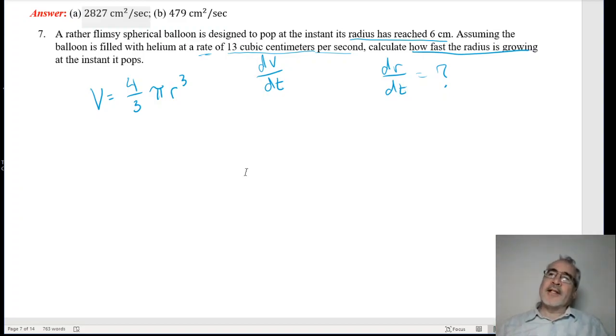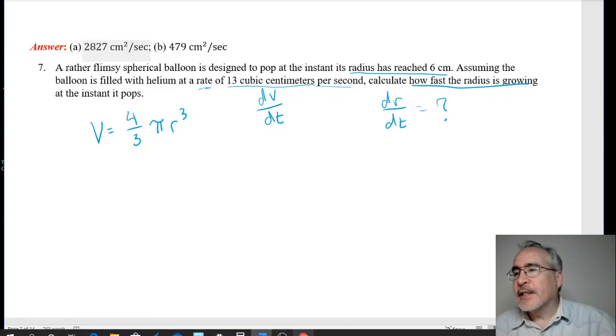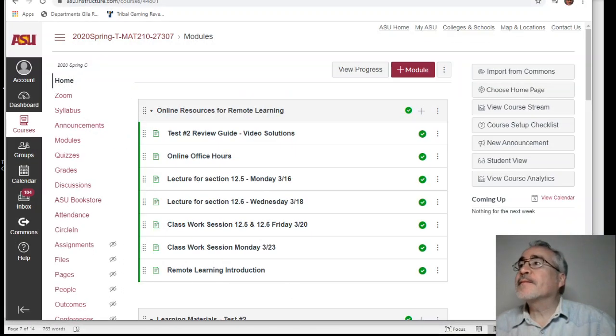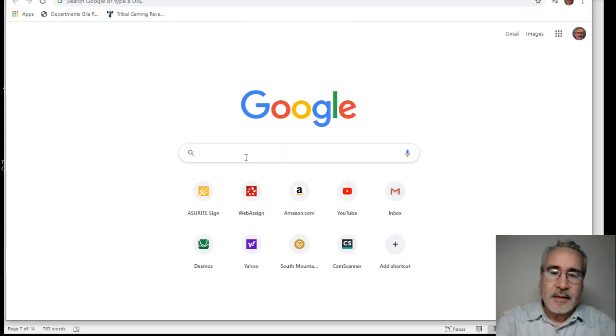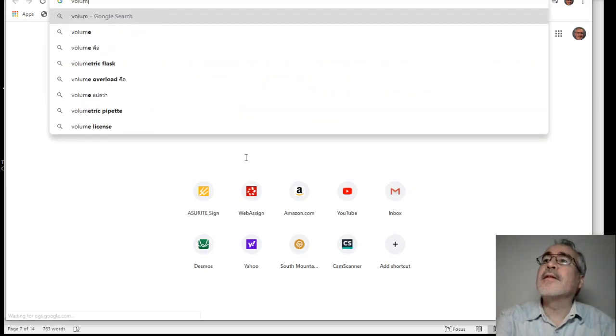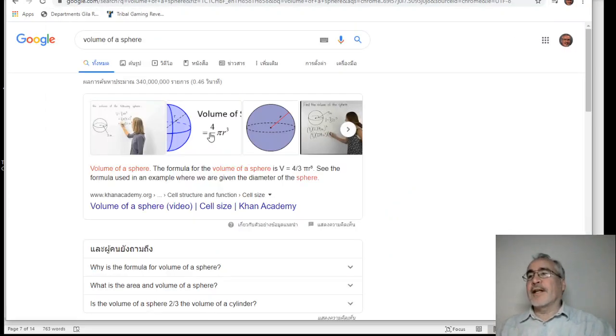And from my memory, if it serves me right, a sphere is going to be 4/3 pi r cubed. Let's take a peek down below. Yeah, 4/3 pi r cubed.